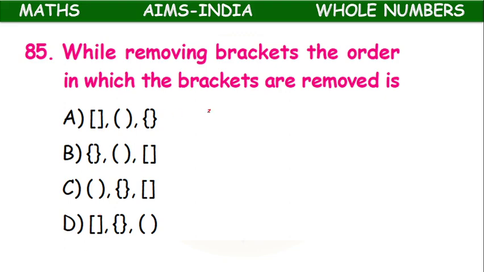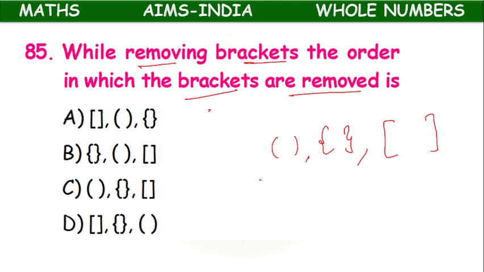Next, 85. While removing brackets, the order in which brackets are removed is: first small brackets we have to remove. Next, flower braces. Next, big brackets. By the name itself you can find out.